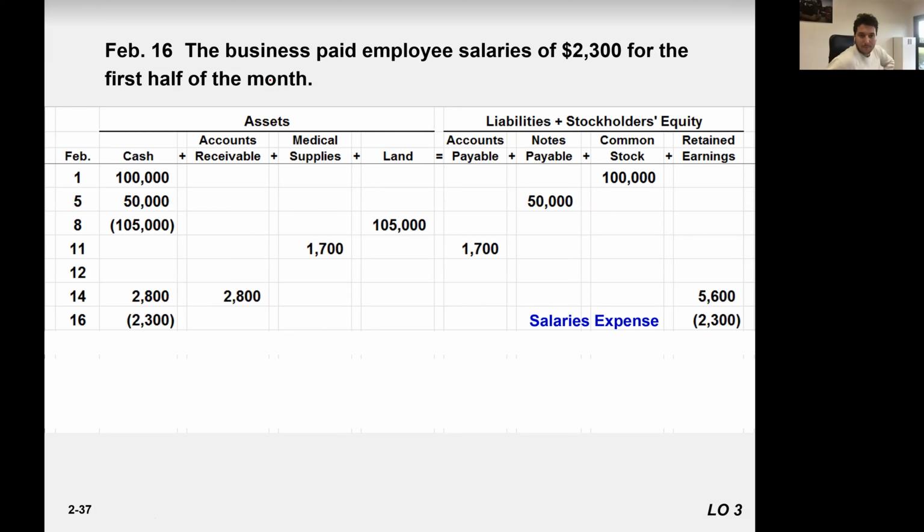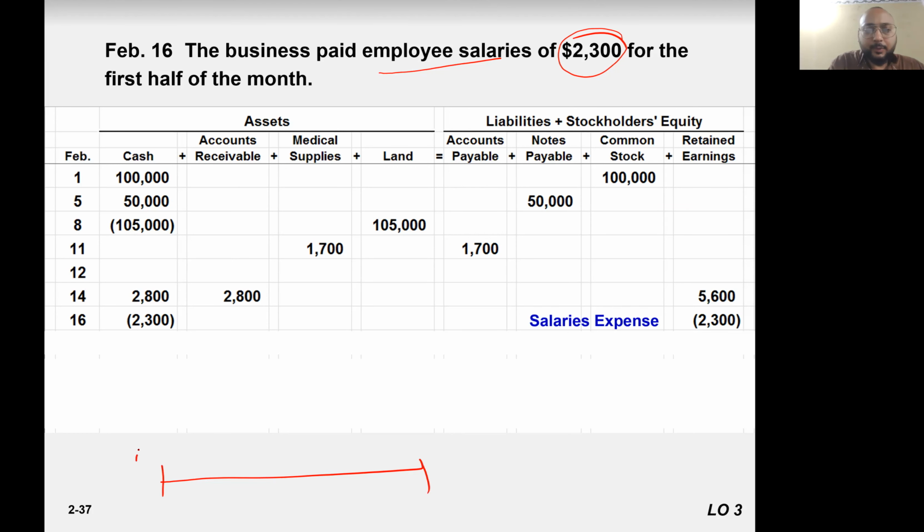On February 16, the business paid employees 23 for half of the month. Half of the month gone, from 1st of February to 16 February, they paid 23. This is the expense that they paid. Nothing wrong with that. Still, the whole month is not completed yet. Mirko, till February 16, payment is closed.